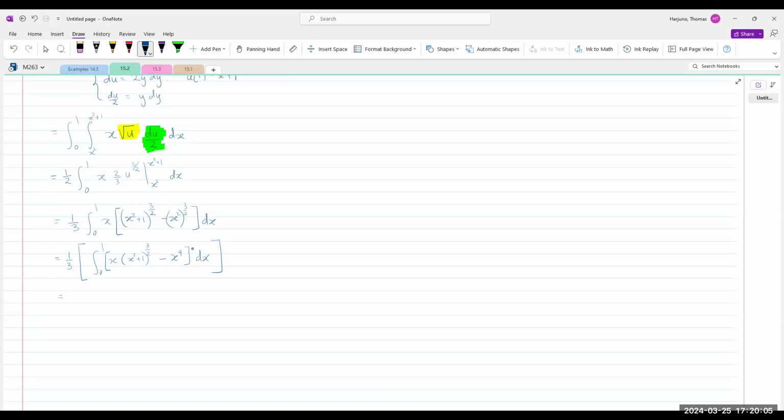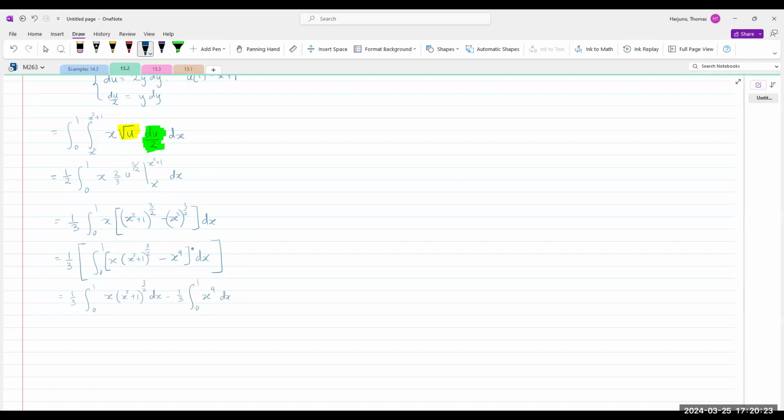Let me just separate them first. 1/3 integral from 0 to 1 of x times (x squared plus 1) to the power of 3/2 dx, minus 1/3 integral from 0 to 1 of x to the 4th dx.